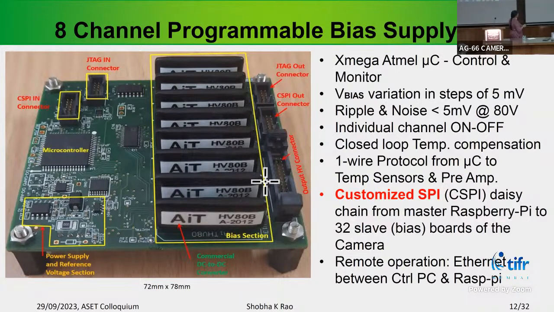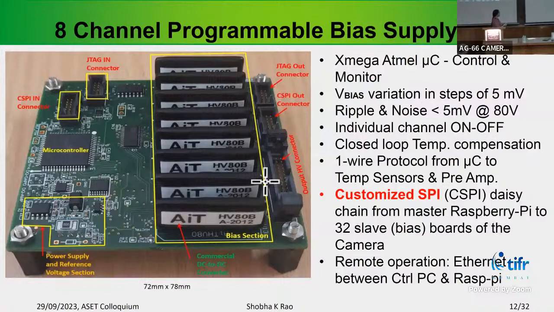When I say customized, normally this SPI comes with 4 to 5 lines, depending upon the variants. For this Raspberry Pi, these are the slave boards, and for every slave board there are slave lines. In our case, in the entire camera, we may need 32 slave lines, which will increase the lines.